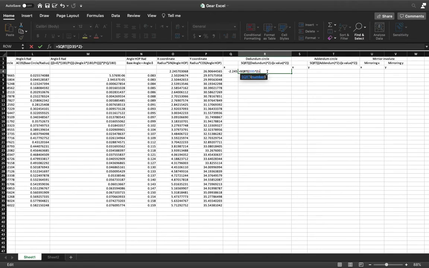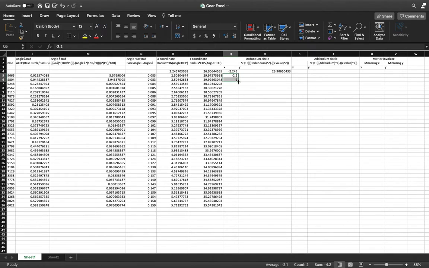Yeah, divide by minus the x value power 2. Correct? Yes. We're gonna make an increment here of about 2, and we're gonna keep doing till we get the 2.245 that we started with, but in the positive direction.